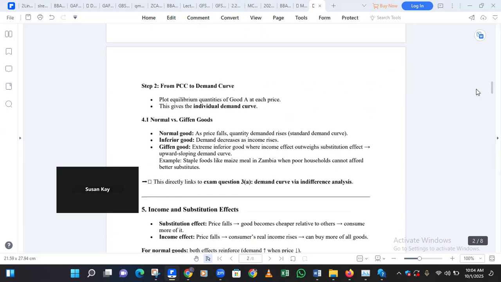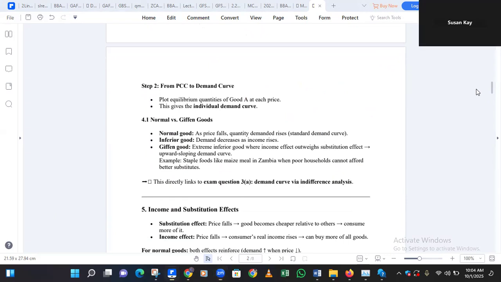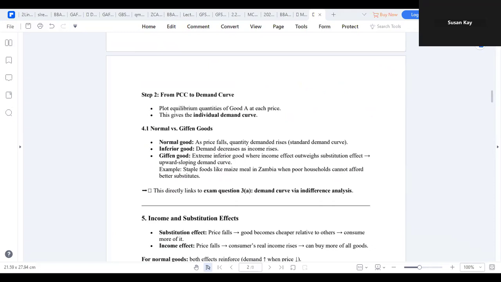What are given goods? What are normal goods? And also the effects that we have. So you must understand that consumer choice theory helps us understand how goods respond to the changes in income and in prices. So these goods can be categorized in normal, inferior, or even given goods.